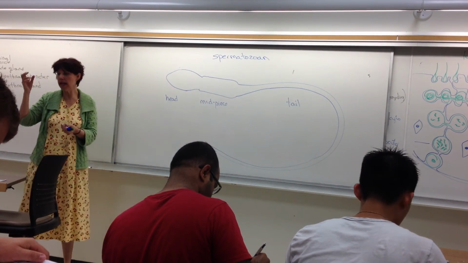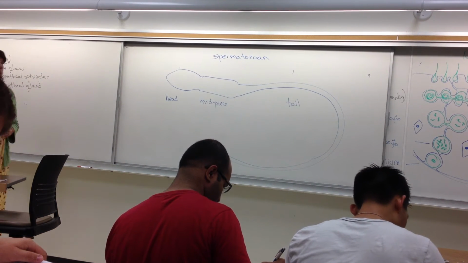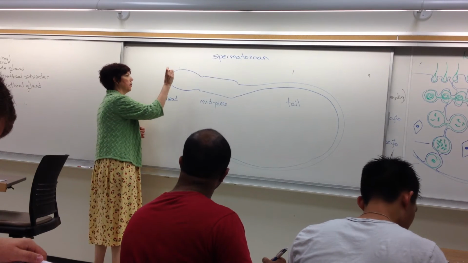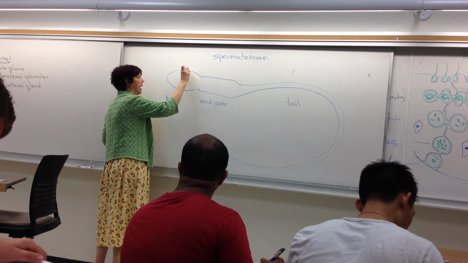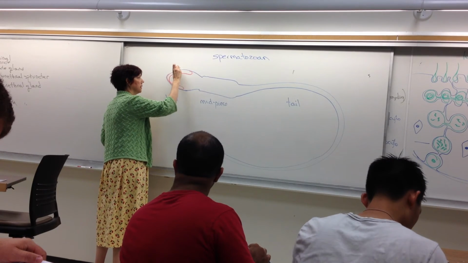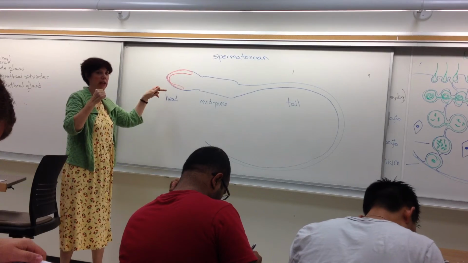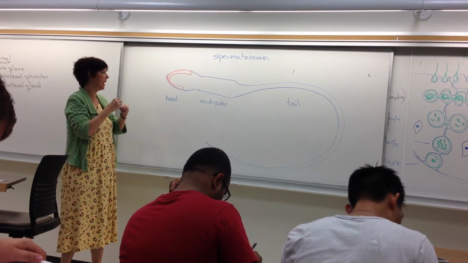Within the head, one of the Golgi sacs, we're no longer making proteins, but one of the Golgi cisternae remains and forms a cap over the nucleus. Kind of like a stocking cap that you might pull down over your head. So it looks U-shaped here, but it's actually completely covering.